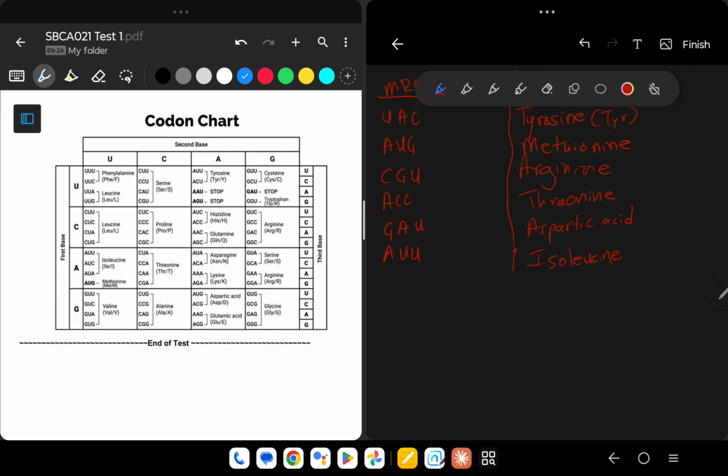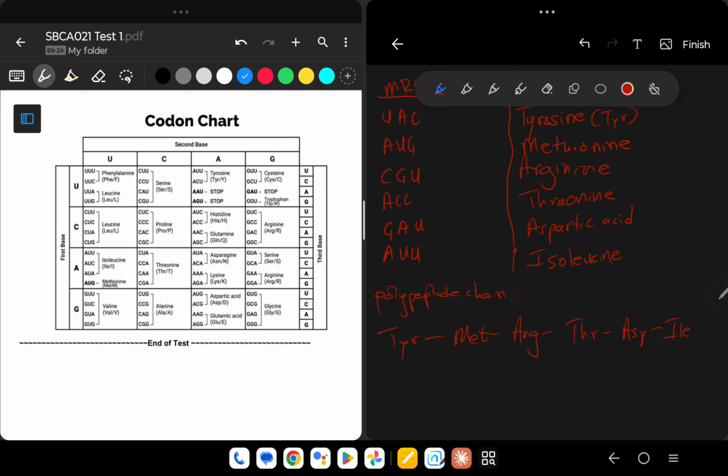So this means your polypeptide chain is going to be TYR bonded to met, bonded to arginine, represented by ARG, and then threonine, and then aspartic acid, and then isoleucine.